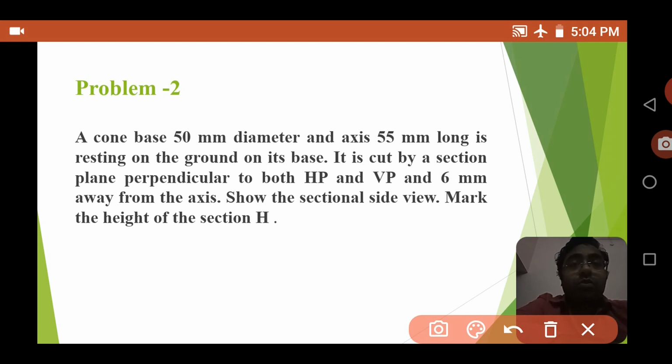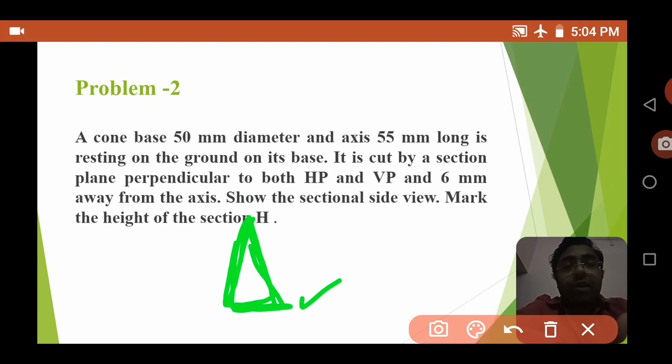Okay, so a cone of base 50 mm diameter. So you understand there is an ice cream cone in your hand. The cone base means the part where the ice cream is. If you draw a cone, this part will be the base.